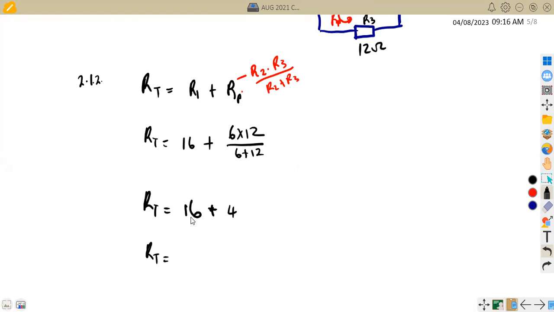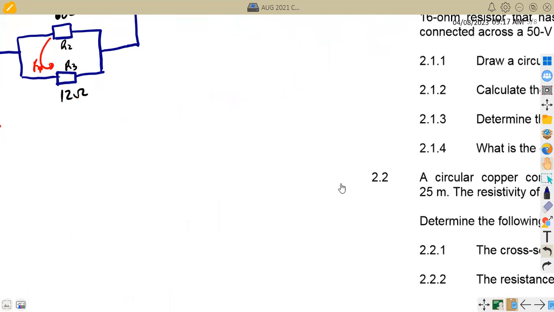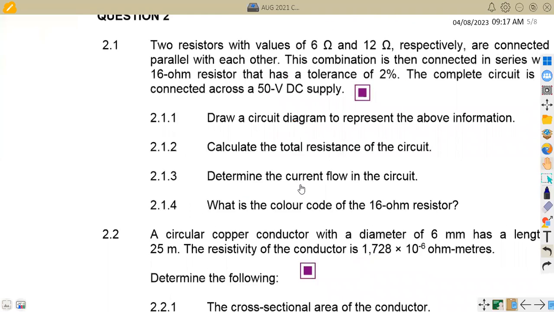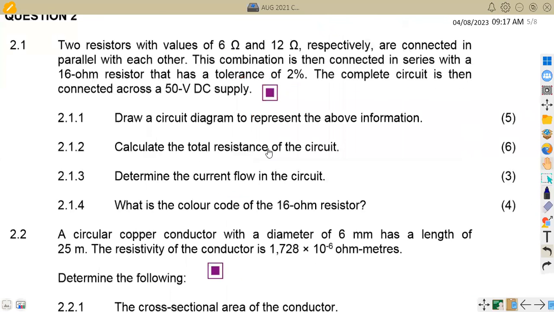Combining everything, that is 20 ohms. This is the total resistance, noting that the 4 ohms represents our RP. That was question 2.12, calculating the total resistance of the circuit.